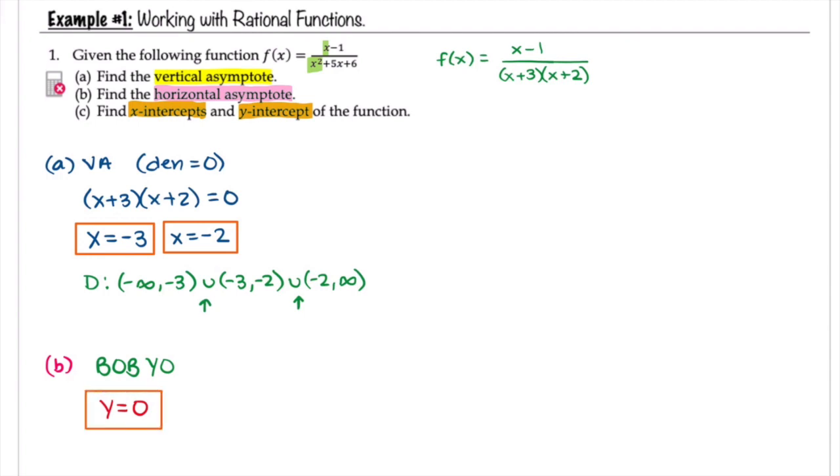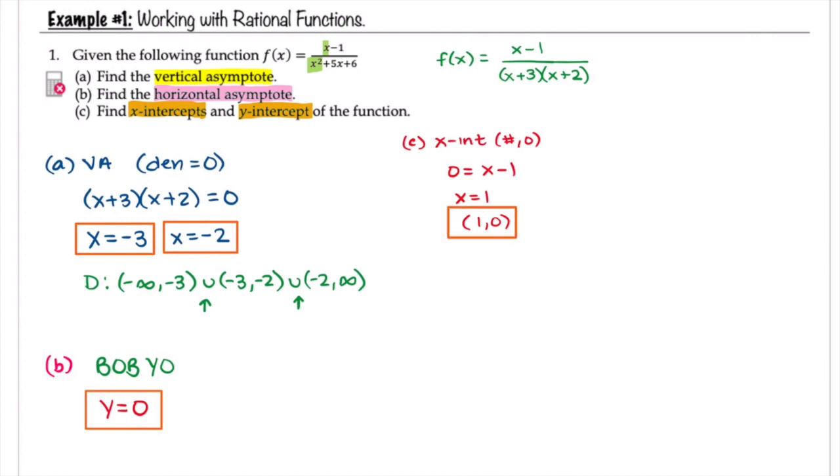For part C, we are going to find the x and the y-intercept. For the x-intercept, we know that is a number, comma 0, which means that we're going to set 0 for f of x and get our x-intercept to be 1, comma 0.